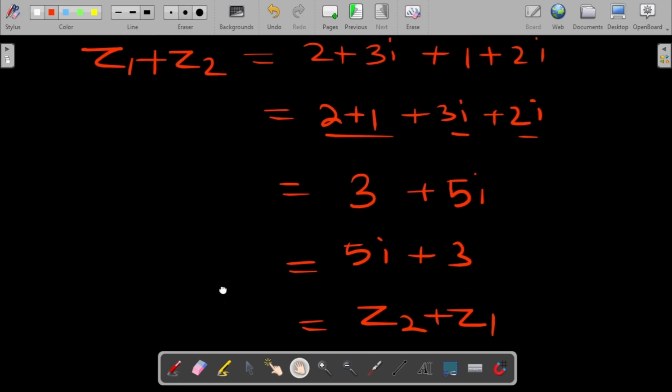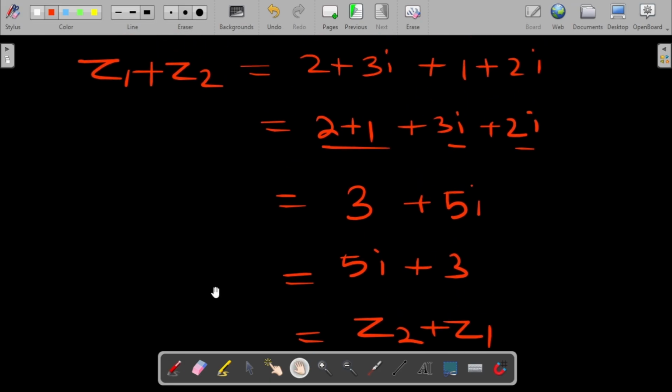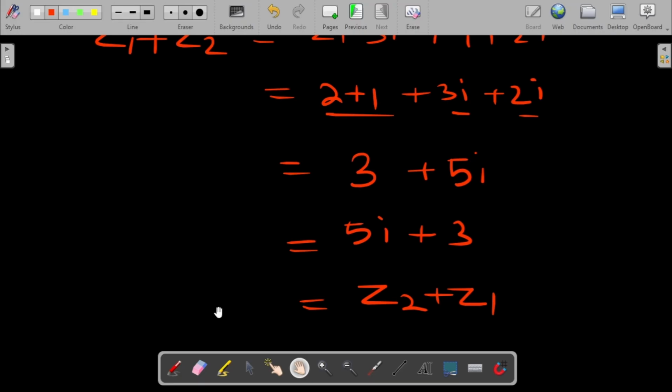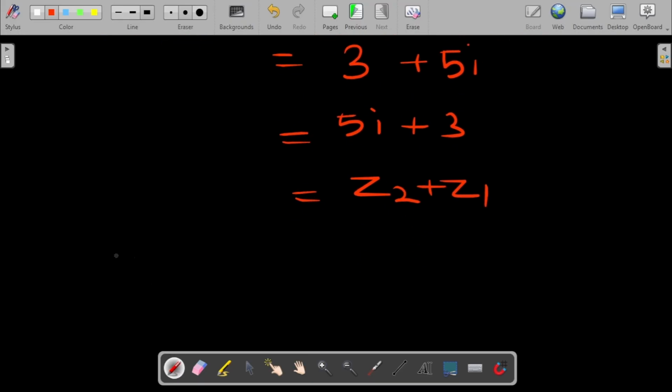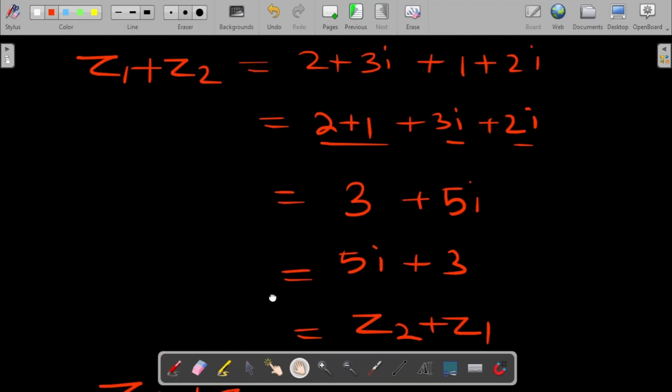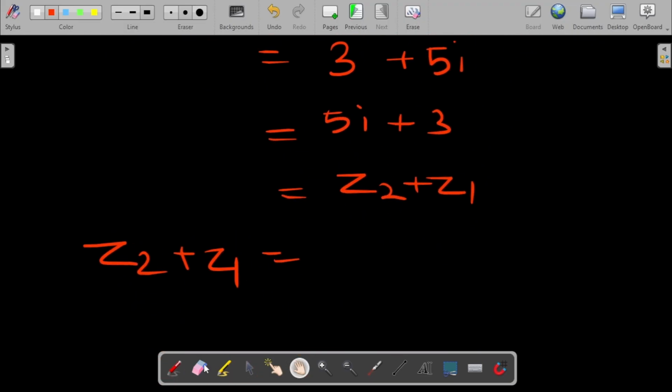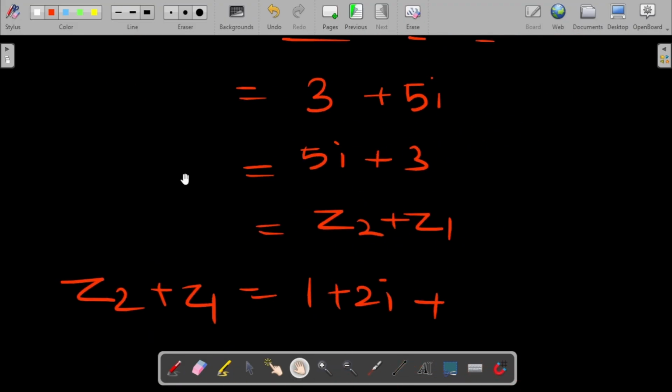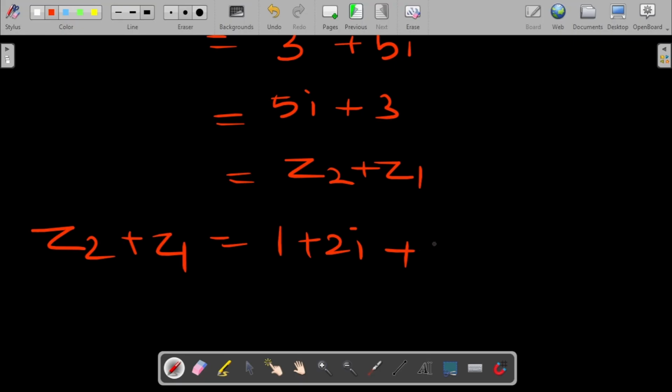z2 plus z1, right? Because z2 plus z1 is 1 plus 2i plus 2 plus 3i.